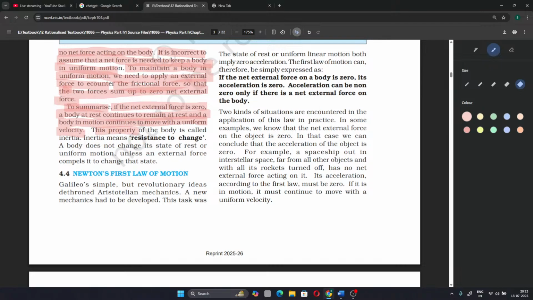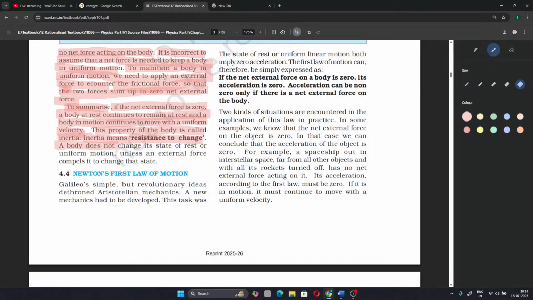This property of a body or an object is called inertia. Inertia means resistance to change. It is conceptually very important to remember that the tendency of an object to resist change in its state of motion or state of rest is called inertia.